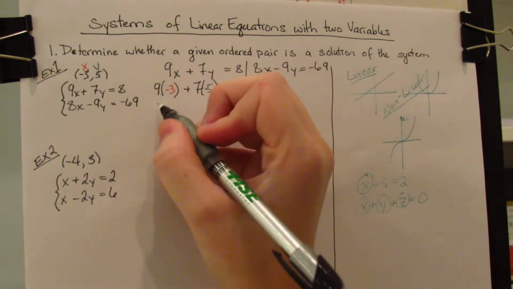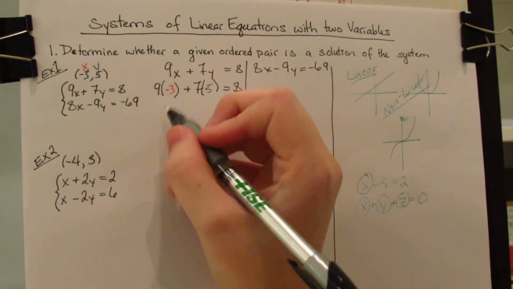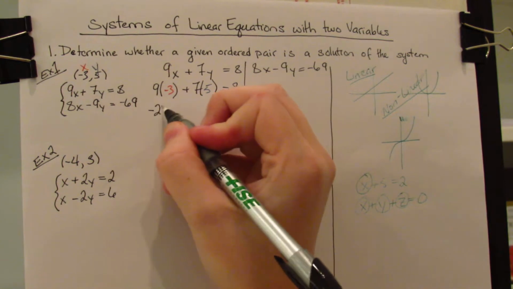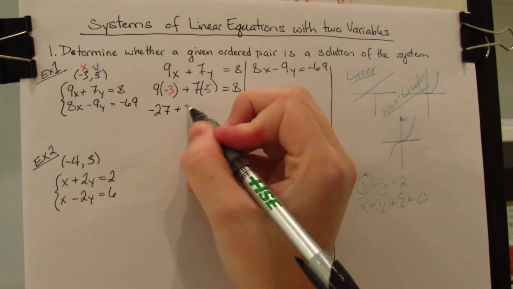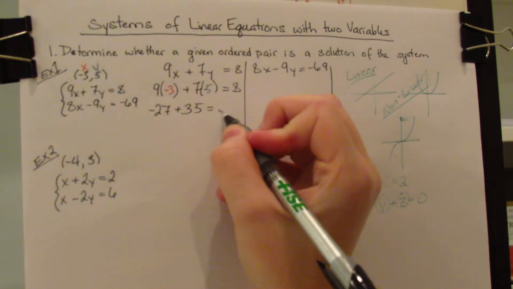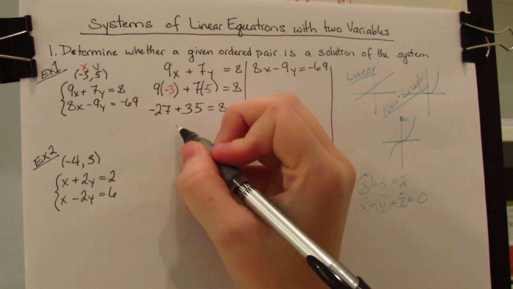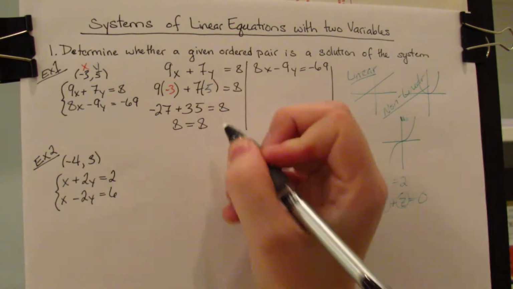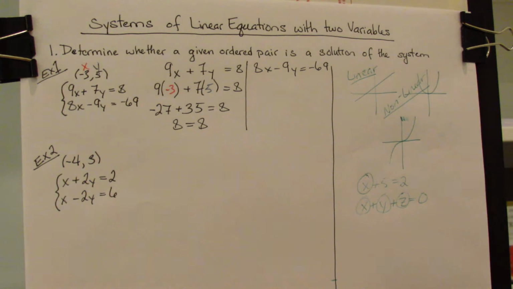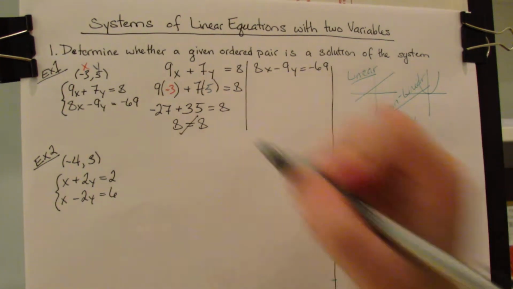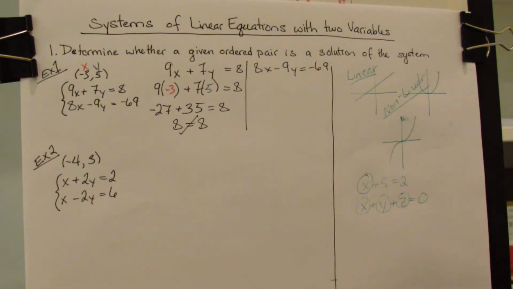So if we continue to solve that out, we have negative 27 plus 35 equals 8. And then if you solve that, you end up with 8 equals 8. Now this is true, so we're off to a good start so far.